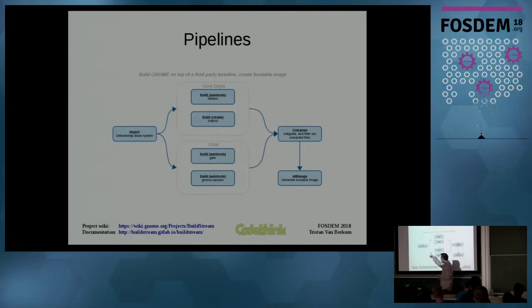So here we import from an OSTree repo, and then we build stuff. So we can import the base system and build stuff, and then we can use a compose element. A compose element is going to take what you want out of what you built and make one output, which is usually a lot smaller than what you had when you just used everything that was in make install, right?